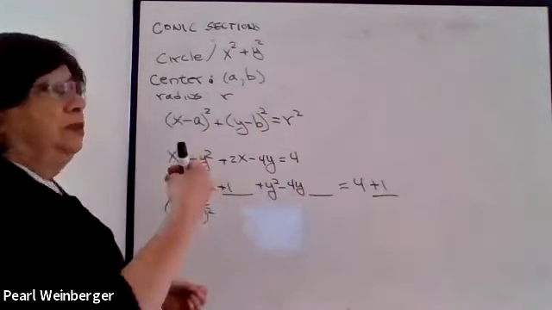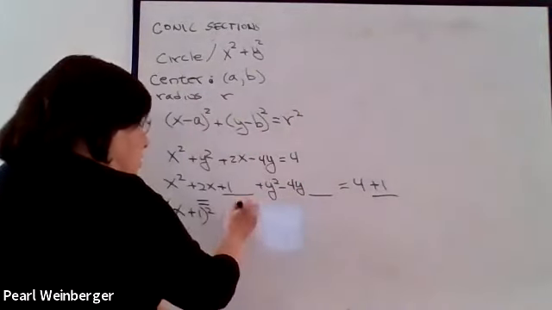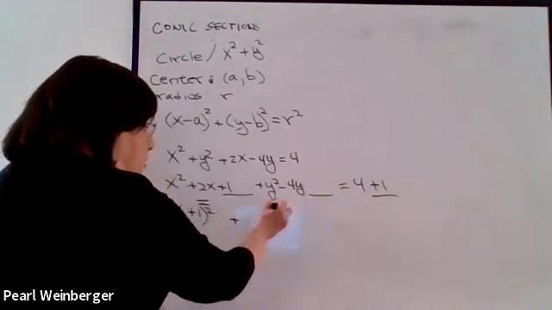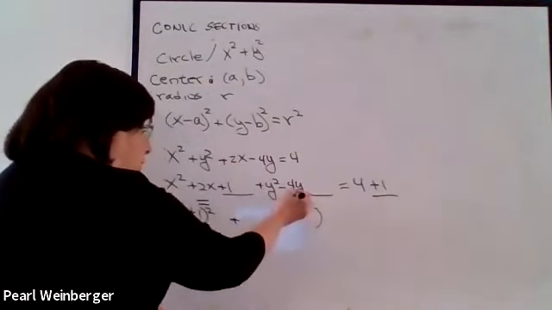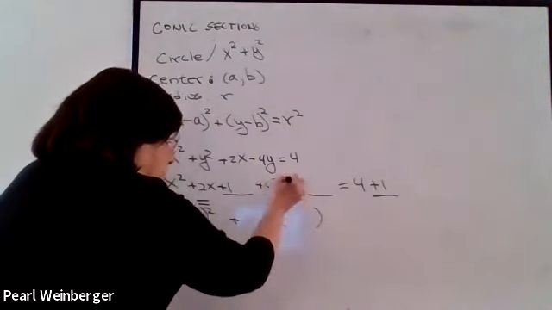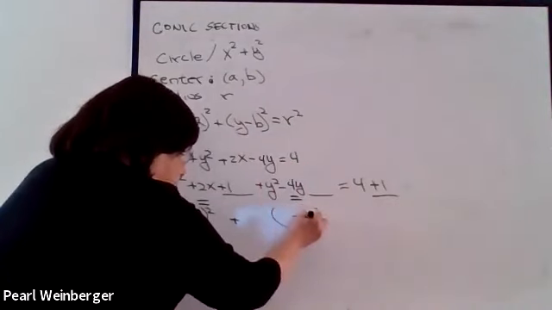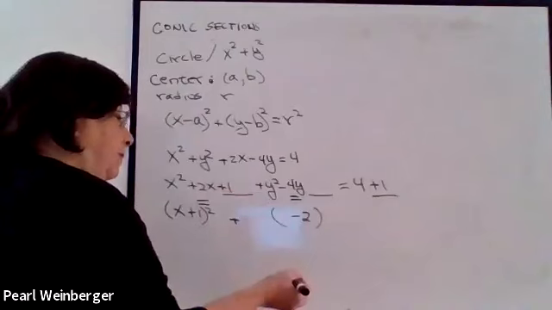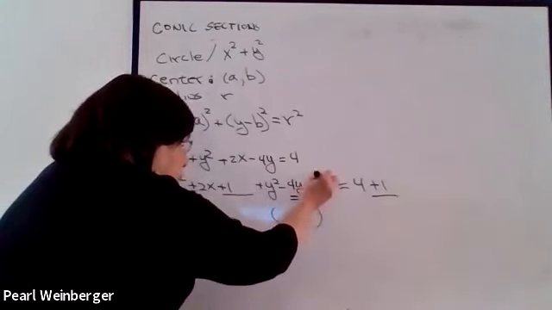I'm going to do the same thing with the y's. I'm going to complete the square on the y. How do I do that? I take half of the number in front of the y, which is, well, half of -4, don't forget that negative, is -2. And I multiply that by itself. -2 times -2 is plus 4.